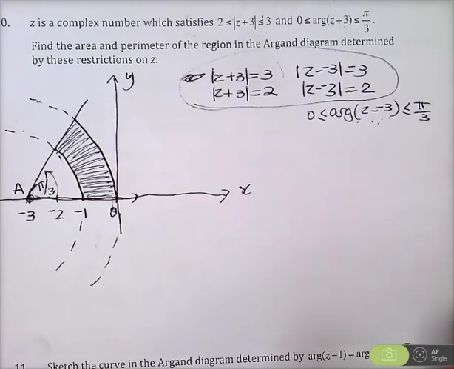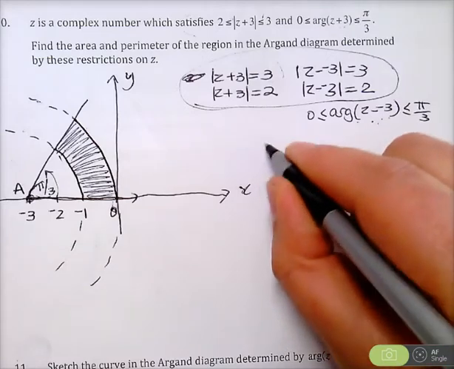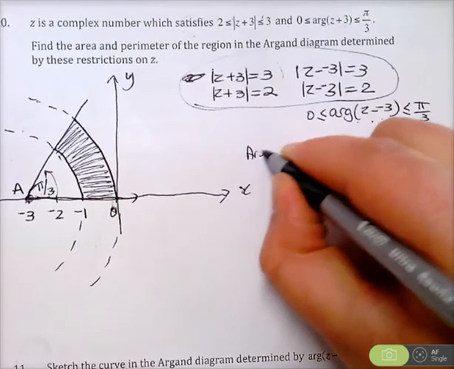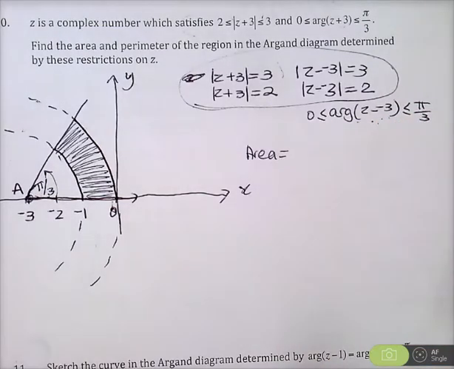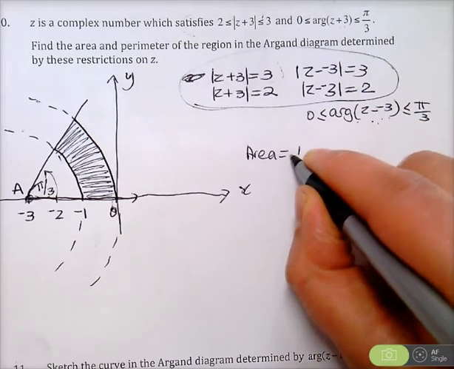Let's do the area. Isn't it theta, 60 over 360, which is 1/6 of the circle?